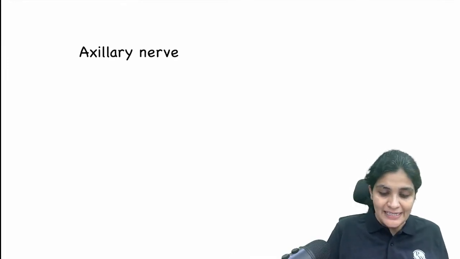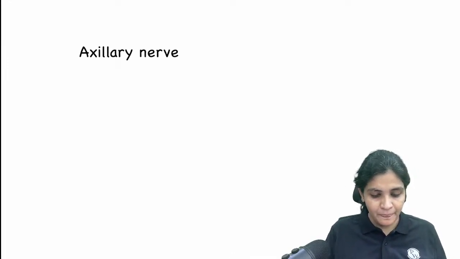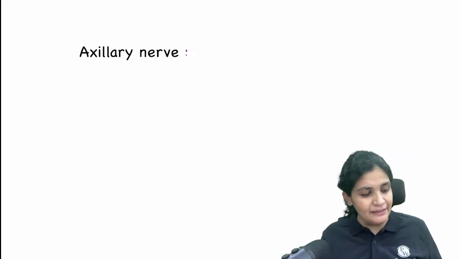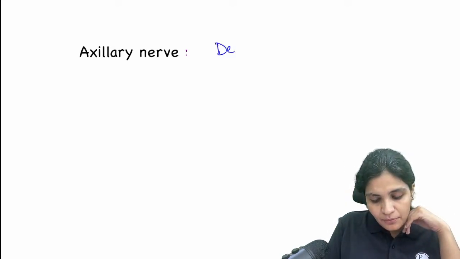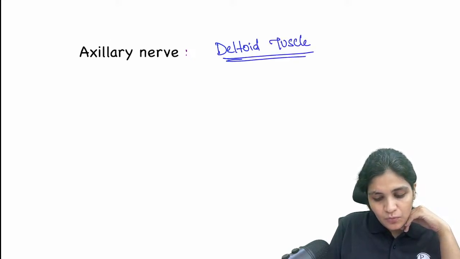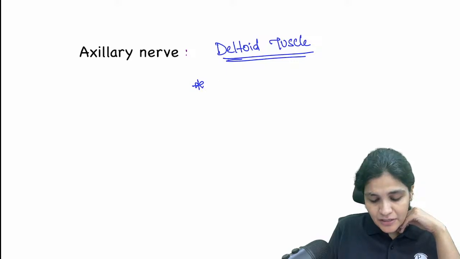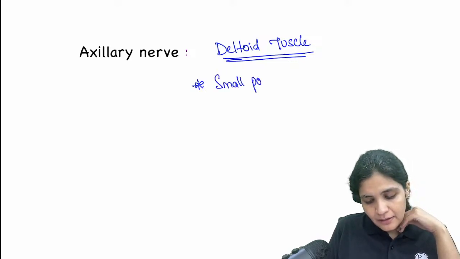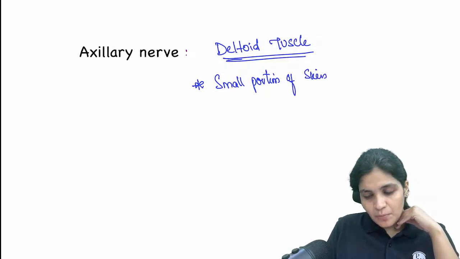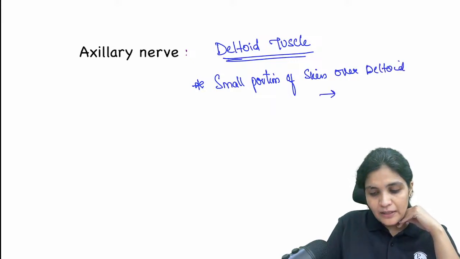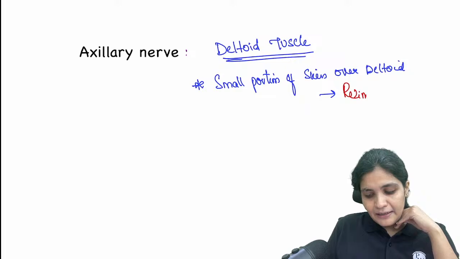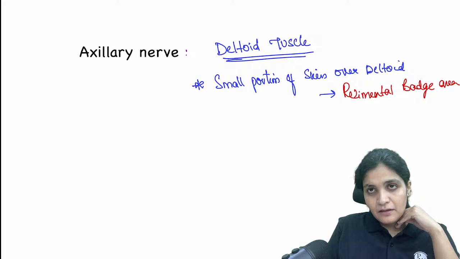And then very important, axillary nerve. So which muscle is supplied by this axillary nerve? Axillary nerve supplies your very important deltoid. And it is very important to understand that it supplies a small portion of the skin over the deltoid, and this area is called the regimental badge area, right?